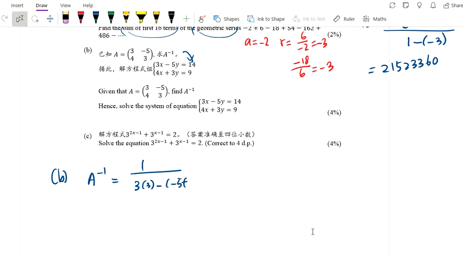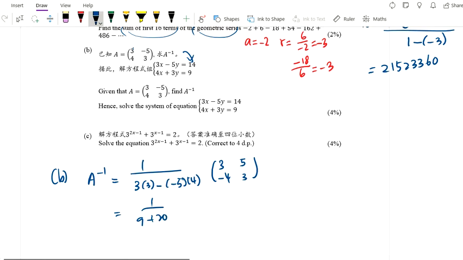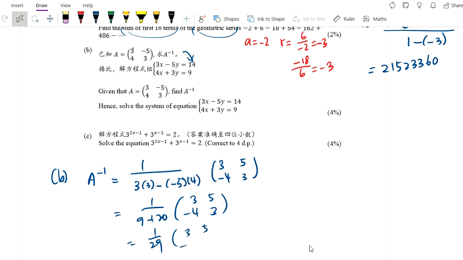The 3 and 3 you switch, so it's still 3 and 3, then you change the sign for the others, 5 and negative 4. So it's 1 over 9 plus 20, which is 1 over 29, times the matrix 3, 5, negative 4, 3.